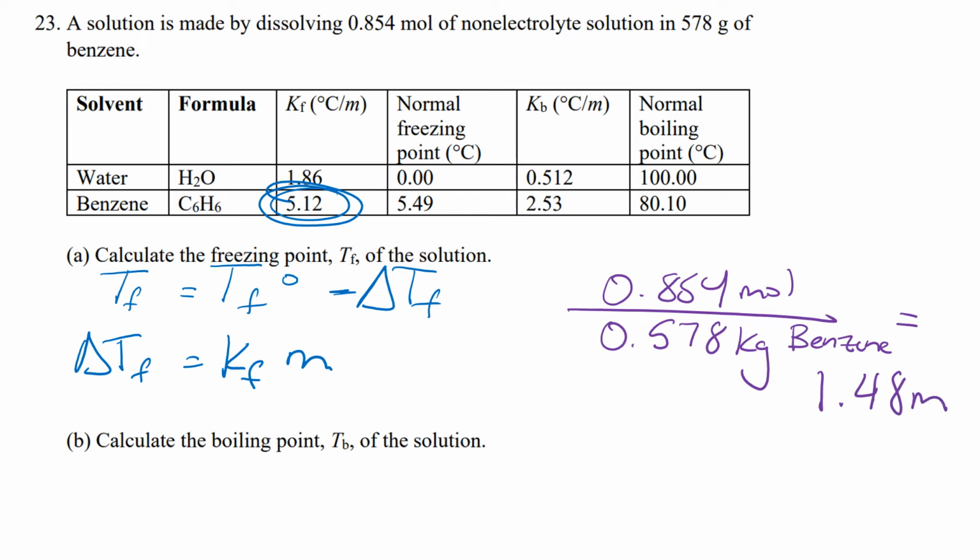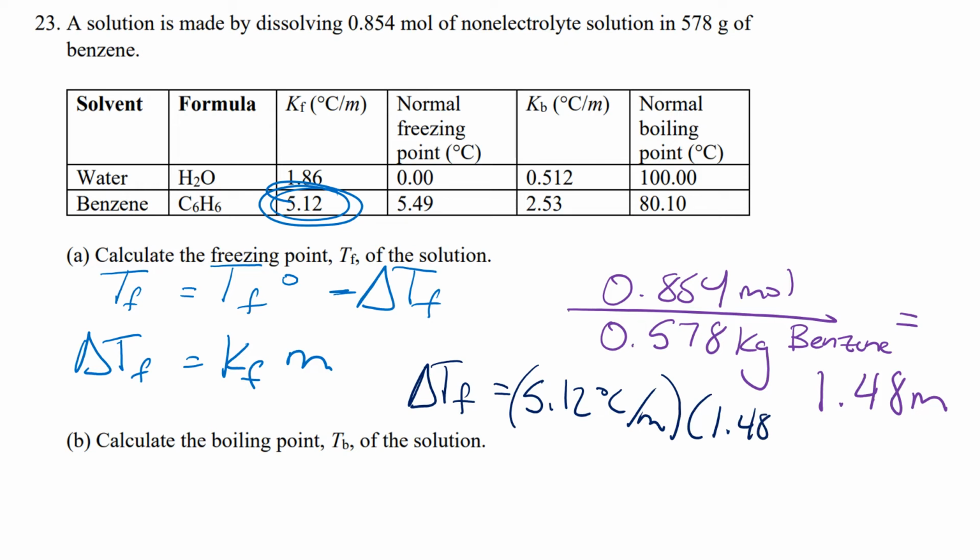So to find that freezing point depression, I just now have to plug everything in. Those molalities are going to cancel, and my freezing point depression is equal to negative 7.58 degrees Celsius.